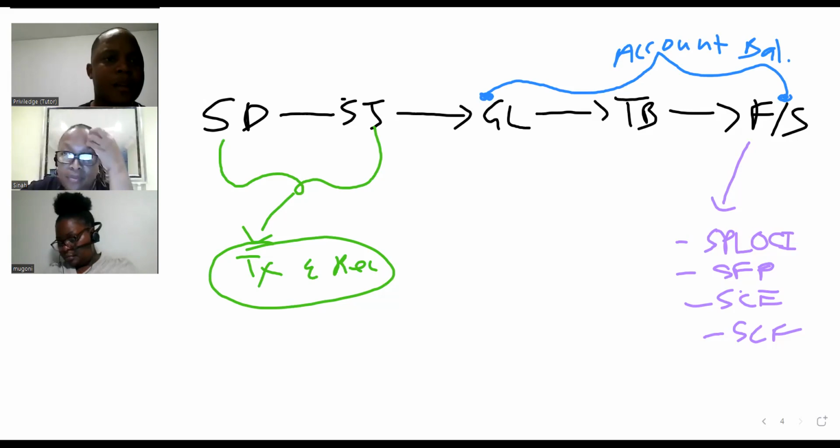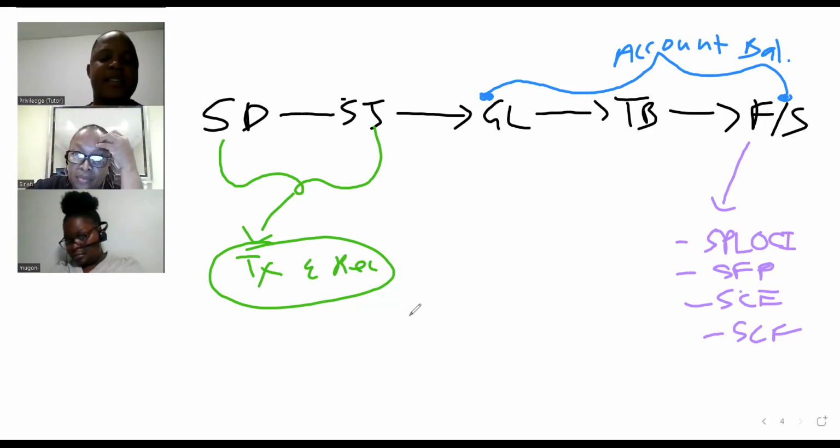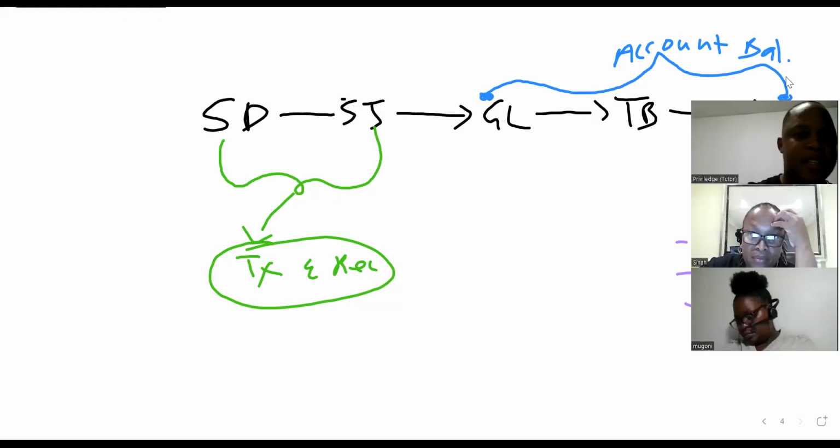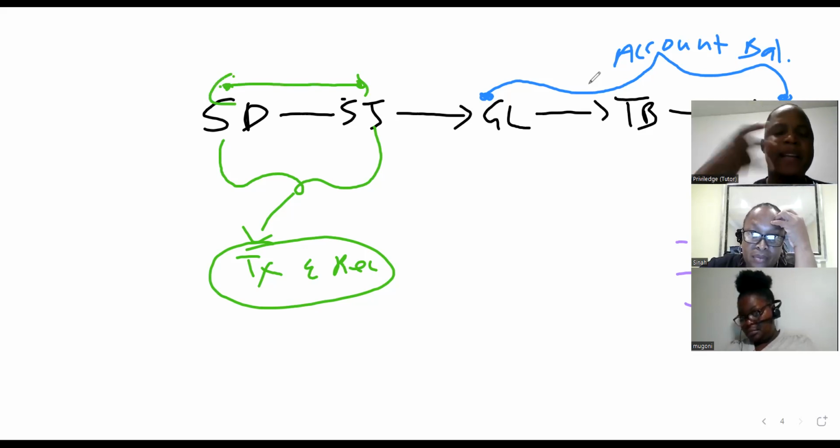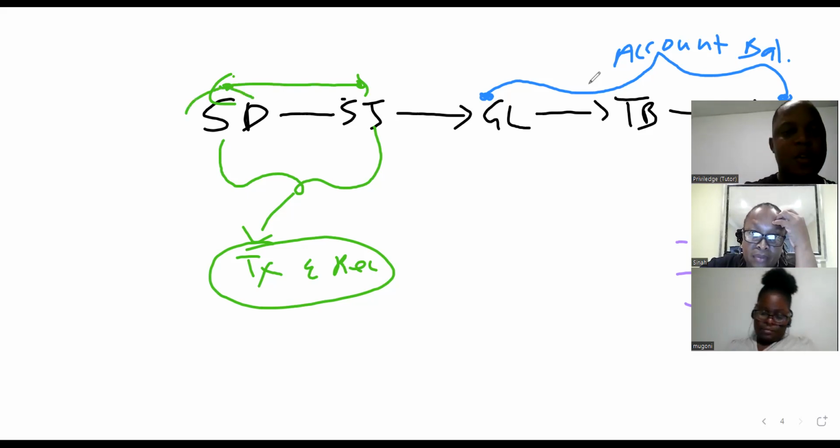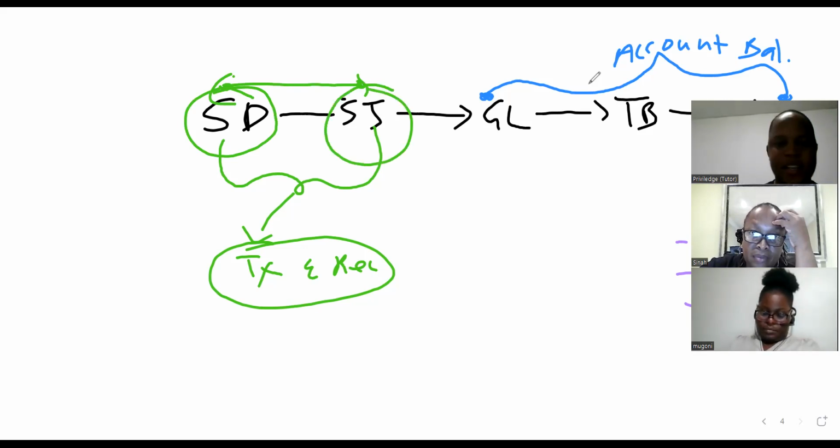Now, whenever you hear of assertions pertaining to transactions and records, in your mind you should be thinking, okay, the focus is really from here all the way to here. So what should I have in my mind, apart from understanding the process, where it starts and where it's ending? What is within the source documents? What is it that I would find in the subsidiary journals?